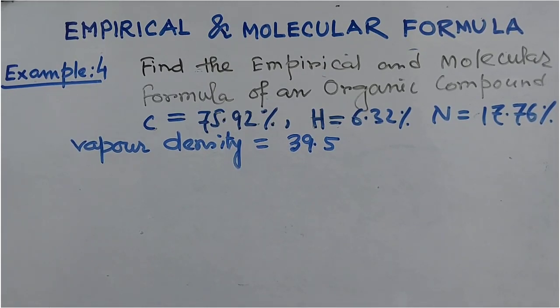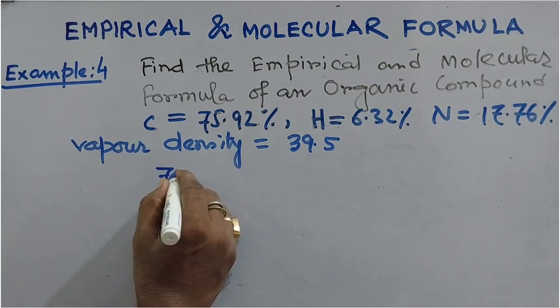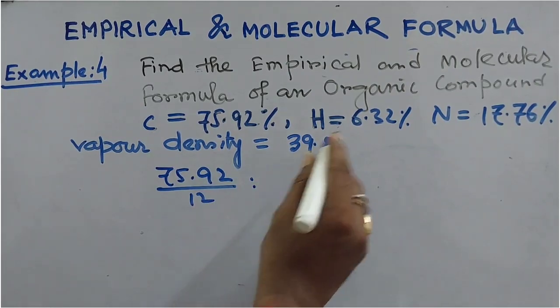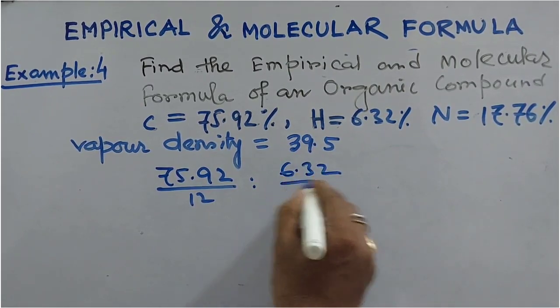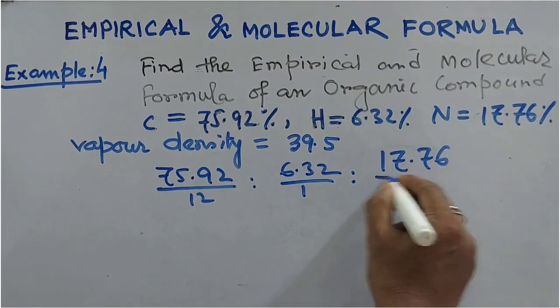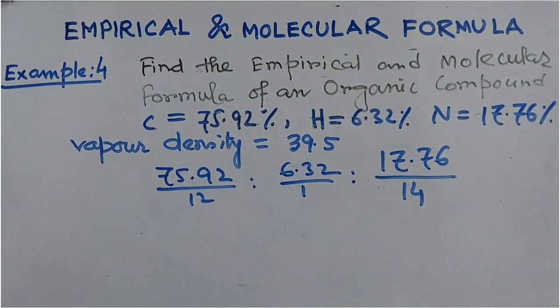At first, the first step is we have to divide the percentage composition of each element with their atomic mass, that is 75.92 divided by 12, hydrogen 6.32 divided by 1, and nitrogen 17.76 divided by 14, as the atomic mass of nitrogen is 14.